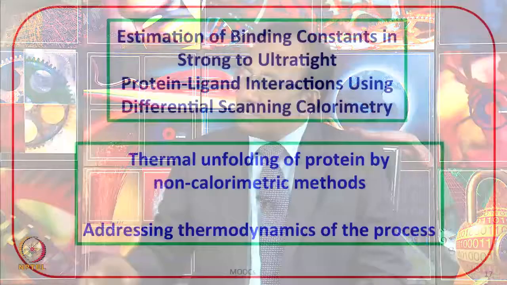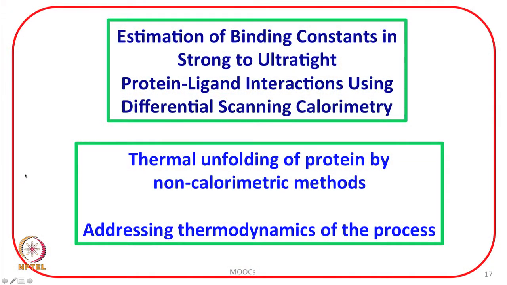We further discussed that if the binding is very, very tight and beyond determination by isothermal titration calorimetry or other equilibrium methods, then differential scanning calorimetry can be used in estimating the ligand binding constant or affinity constant of the order of 10 raised to the power 20 or higher, 10 raised to the power 30, 10 raised to the power 40 or even higher.